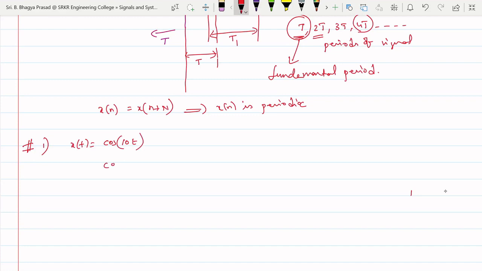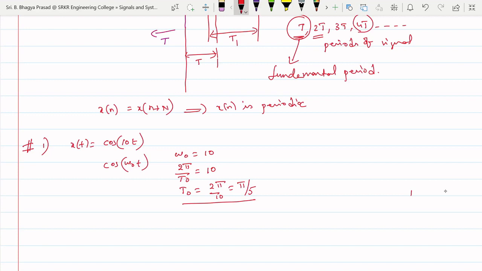You compare it with cos omega naught t. So omega naught is 10, which is 2 pi by T naught, and T naught is 2 pi by 10, which is pi by 5. So the period of the signal is pi by 5.